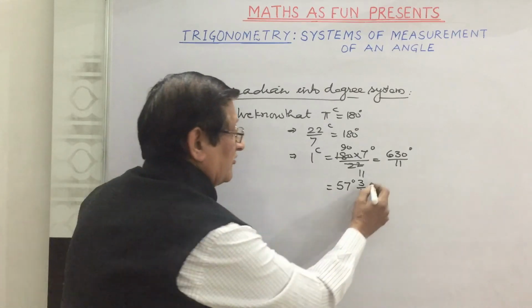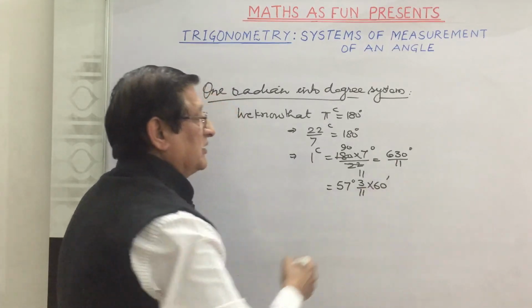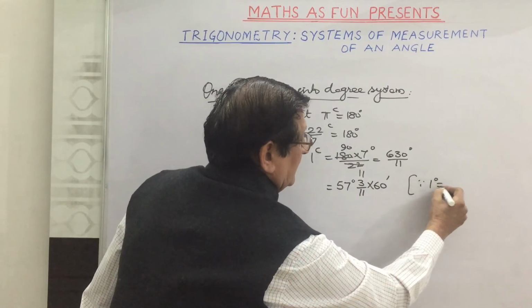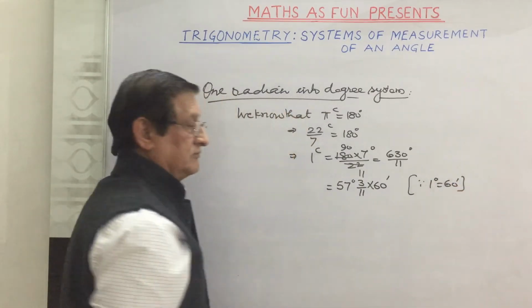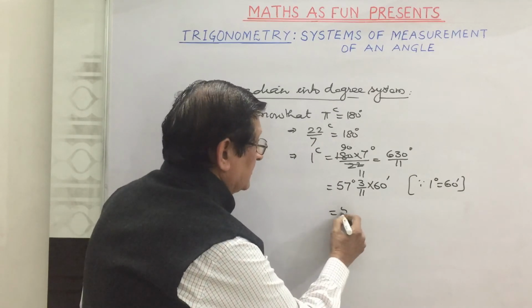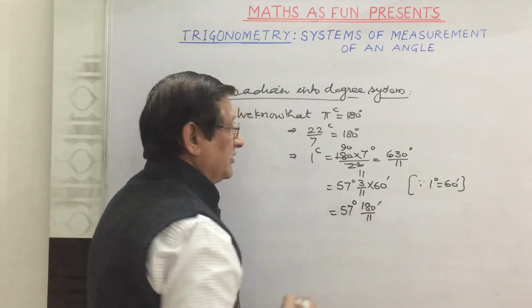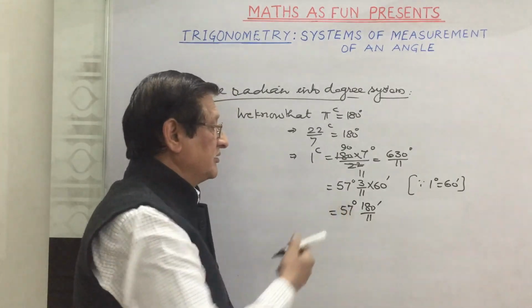So we can convert it into minutes by multiplying by 60, because we know that 1 degree is equal to 60 minutes. When we simplify this, it comes as 57 degrees 180 upon 11 minutes, and here the minute is in fraction.